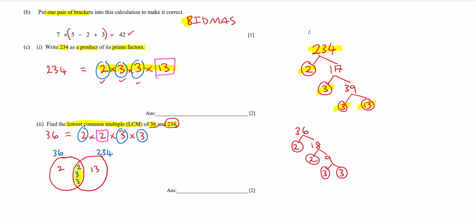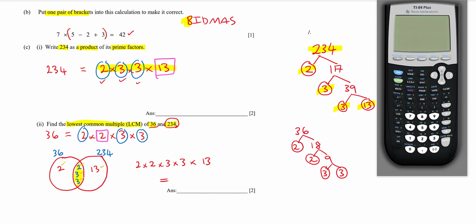And now what we have to do is just multiply all these numbers together. So we'll multiply the 2, this 2, the 3, the 3, and the 13. And then we're going to get 2 times 2 times 3 times 3 times 13. And that is going to be equal to, we can get our calculator up here.